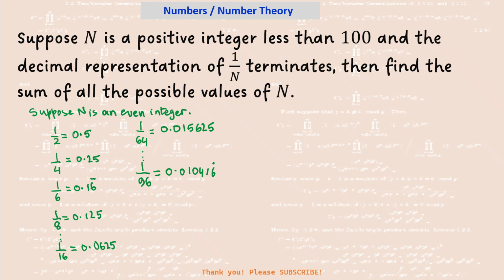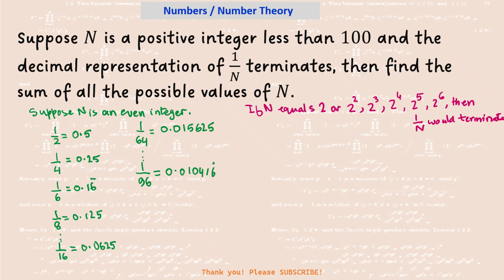So what this tells me is that if n equals 2 or the powers of 2, 2 squared, 2 cubed, 2 to the power 4, 2 to the power 5, or 2 to the power 6, then 1 out of n would terminate.